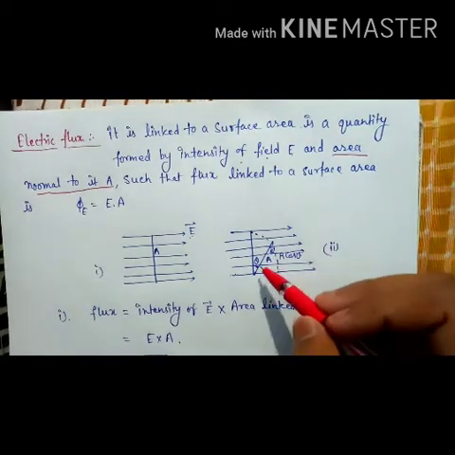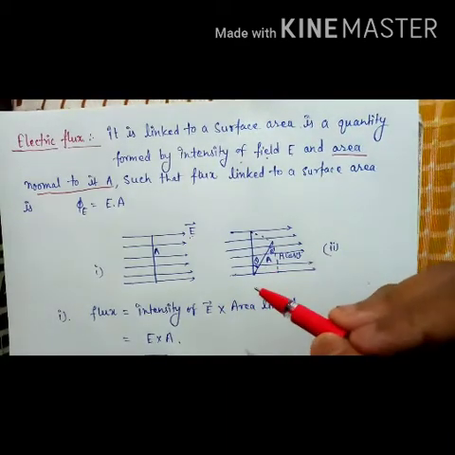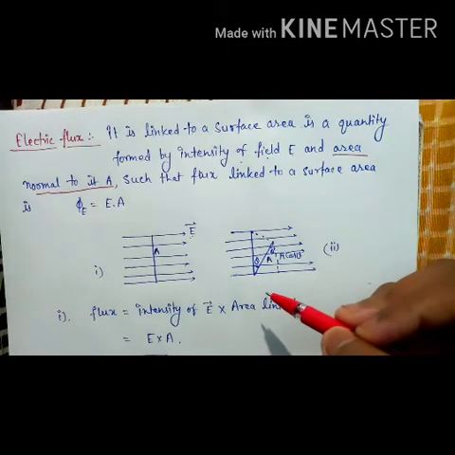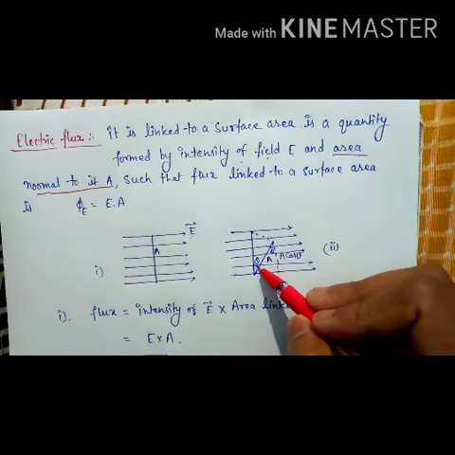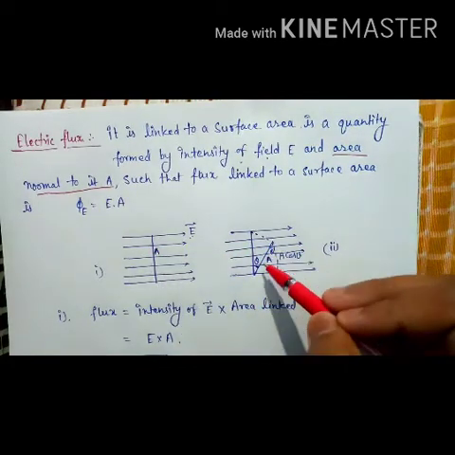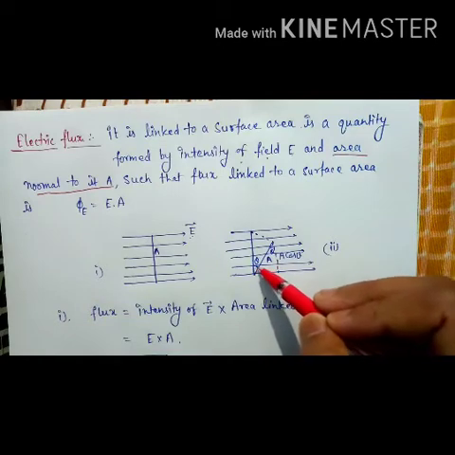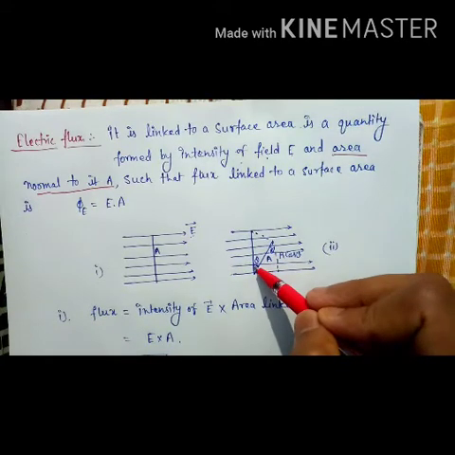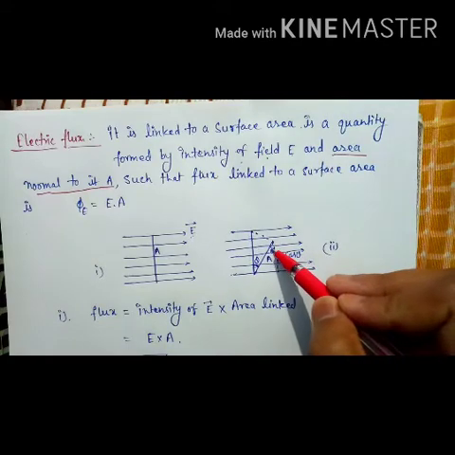So we can write flux is equal to intensity of electric field multiplied by area linked. Now when we tilt this area, it makes an angle theta with the surface. So this angle is theta, and this is also theta, an alternate angle.